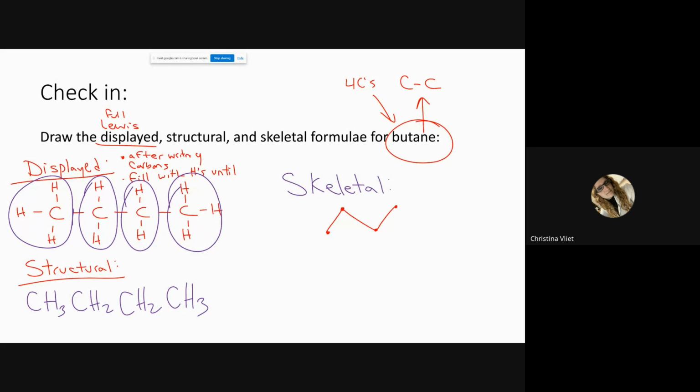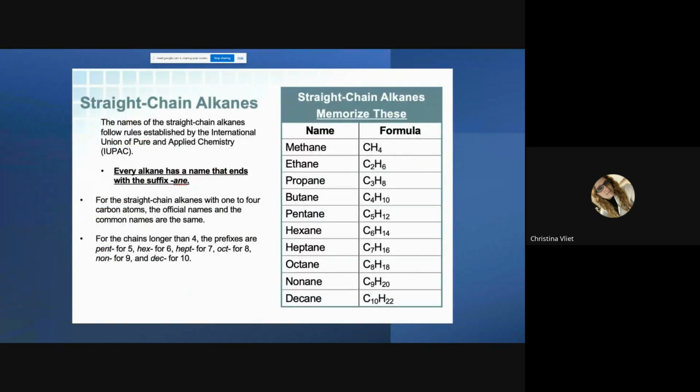The other thing you were supposed to pick up, so there were two major things you were supposed to pick up in the first lesson. The first one was how to write displayed formula, how to write structural formula, and how to write skeletal formula. So that's what I just went over here. The second thing you're supposed to pick up is the naming strategy, or at least the beginning of the naming strategy. Meaning, you are supposed to memorize, yes.